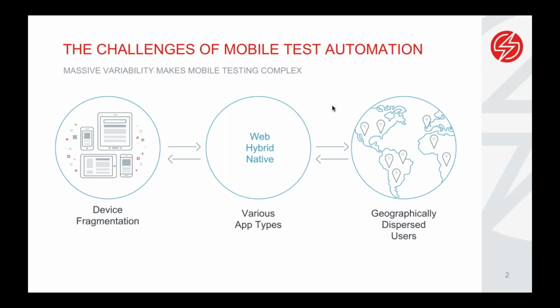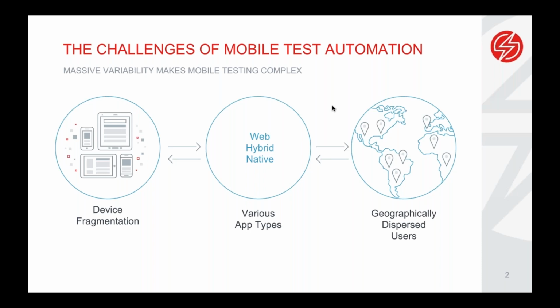Also, you have various app types. Of course, you have mobile web applications, you have hybrid, and you also have native apps, which is what our focus will be with the Espresso test automation framework today. Then, of course, you have users that are geographically dispersed. Different phones or different operating systems are popular in different regions of the world.